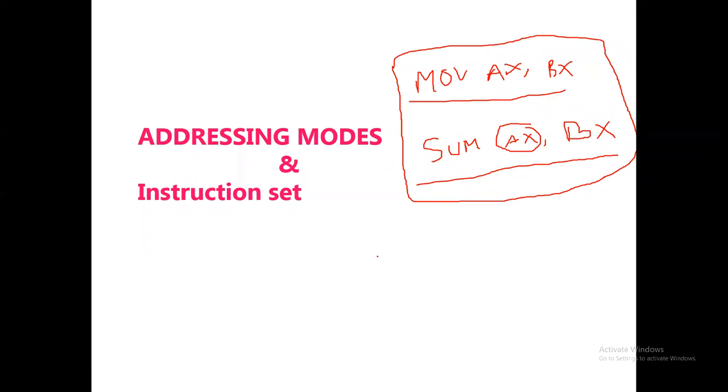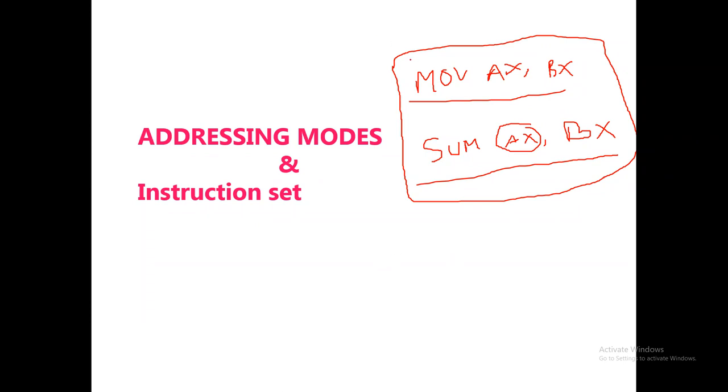Machine language is only 0 and 1. A machine does not understand move or sum. Machine only understands 0 and 1. Our computer does not understand this instruction directly.